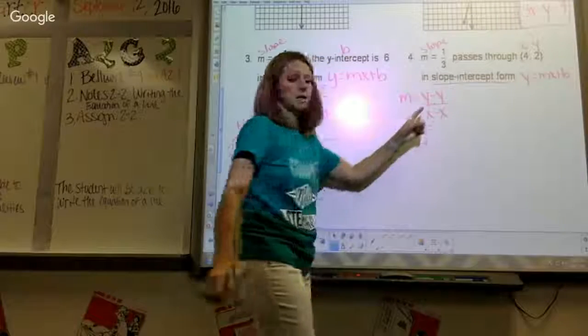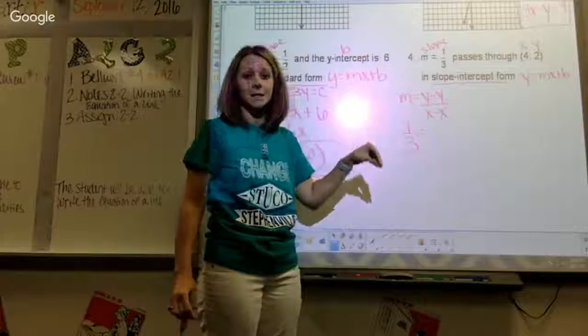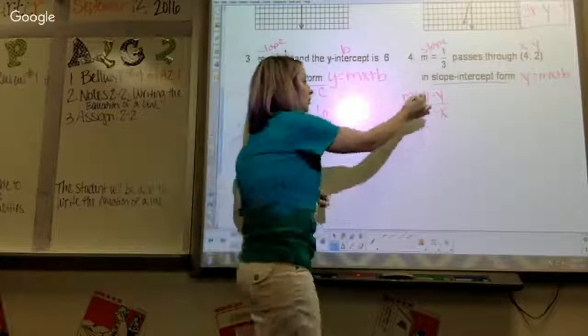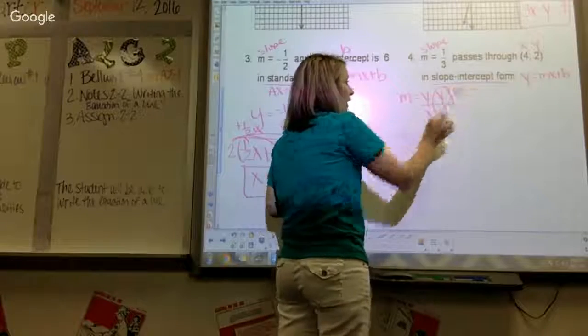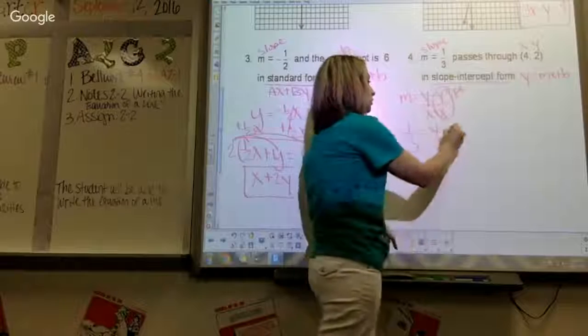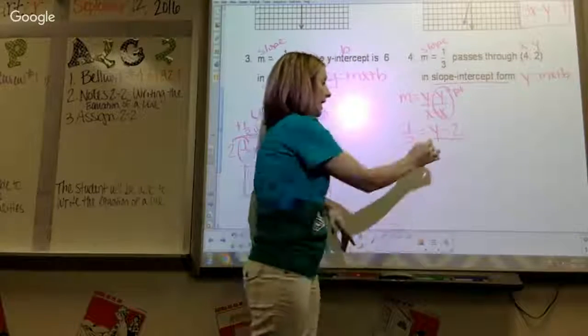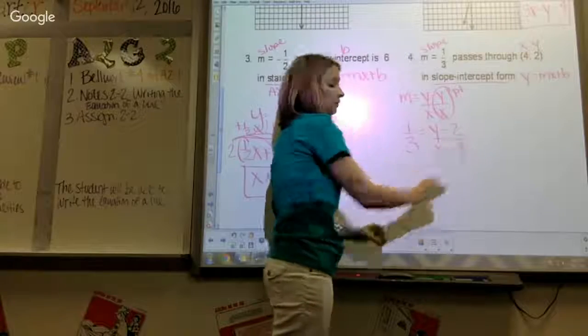When you're plugging it into your slope formula, that first y and that first x needs to stay as x and y. So I'm going to rewrite that as y, and then this is your point that's given. So y minus the y value of our point, which is 2, divided by x minus the x value of your point, which is 4.